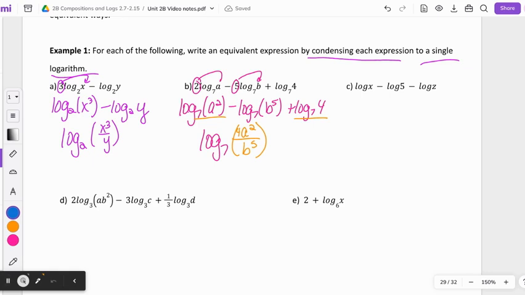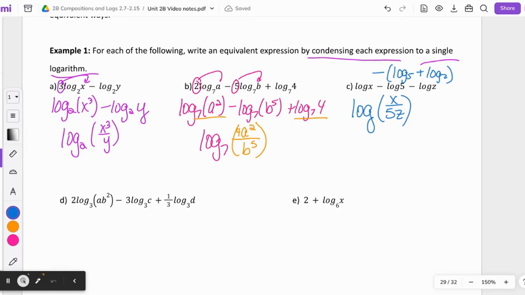All right, no coefficients on any of these, so we don't have any exponents. Now, because these are all being subtracted, we've got x over, and then these two, because you can rewrite it as factoring out the -1, then it'd be log 5 plus log z. Those two get multiplied, but in the denominator.